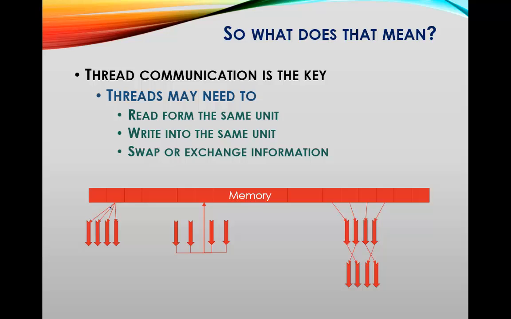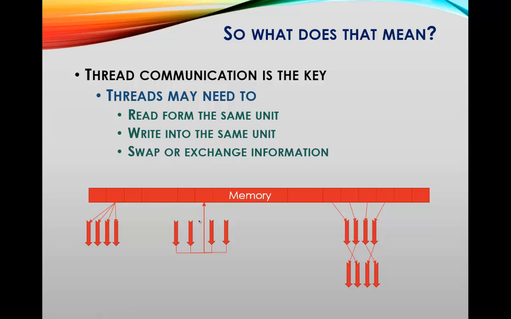But the good news is that this bottleneck is going to be tremendously small compared to the execution time of a thread. So in the simplest case, when threads need to read the same unit of memory, it can be done really, really quickly. And on top of it, it does not really change much the computation that is going to happen within these units. So that's probably the simplest case of communication that we will see.